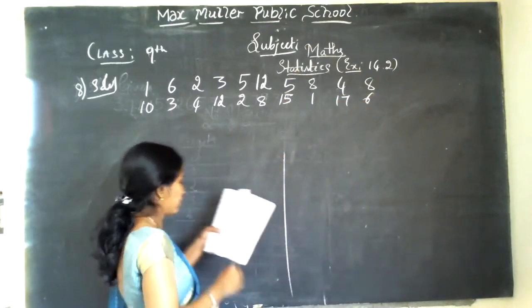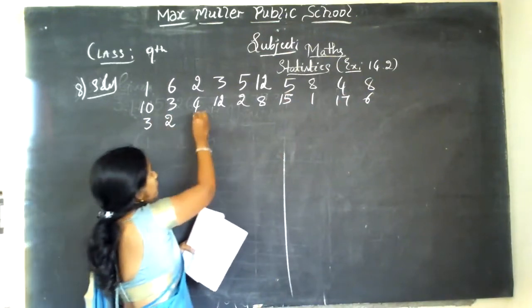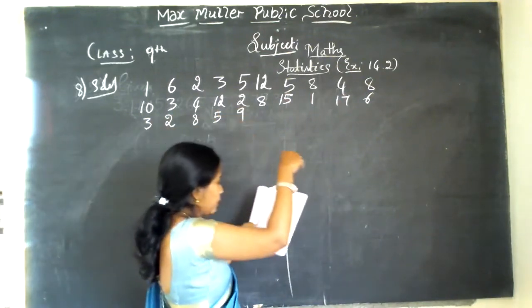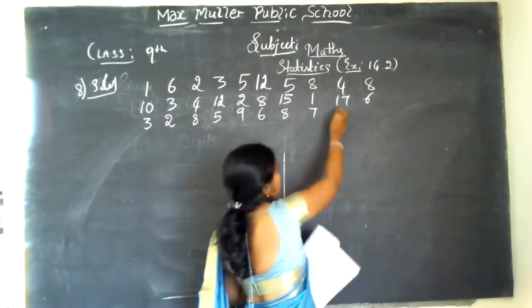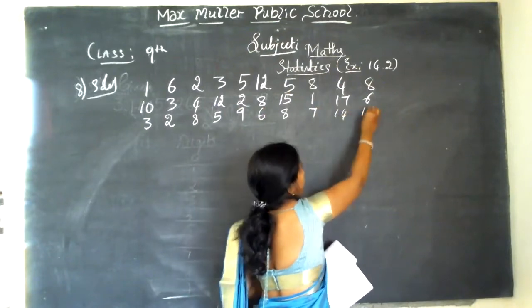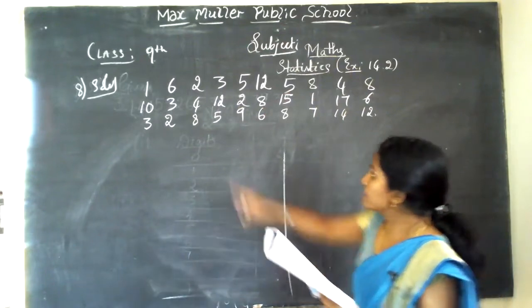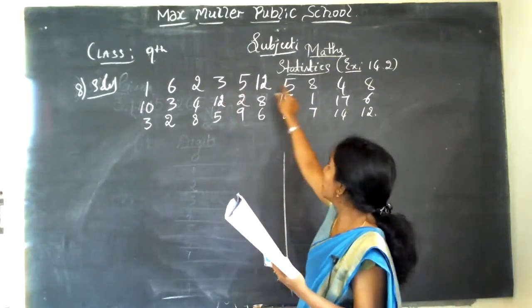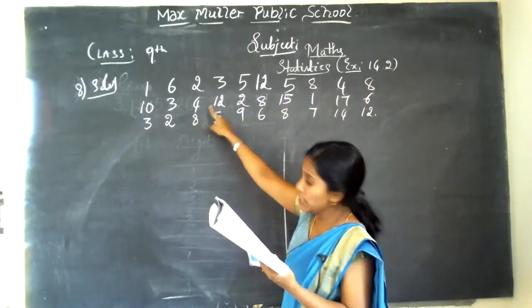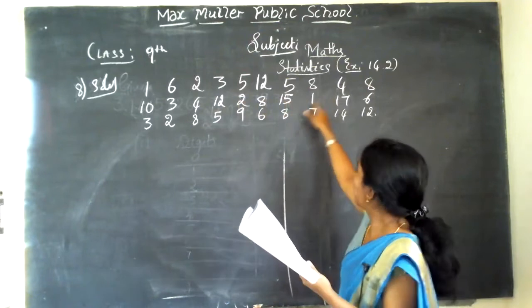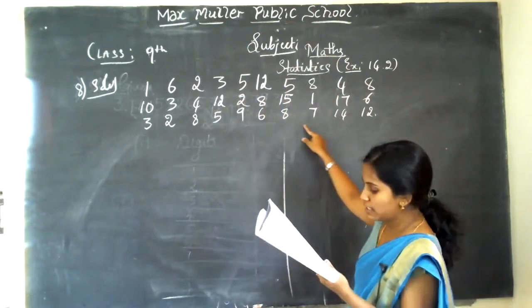The last row we have to write: 3, 2, 8, 5, 9, 6, 8, 7, 14, 12. After writing this, verify whether you have written it properly.